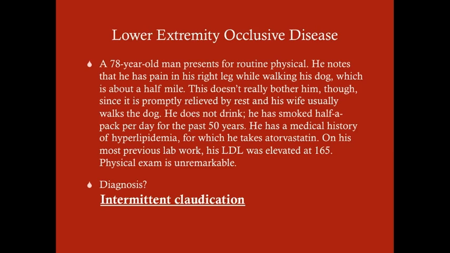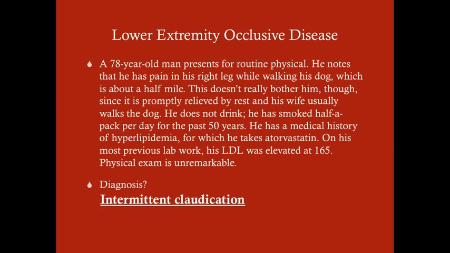You can pretty much rule out all of the other possible causes of lower extremity pain. He does have a history of hyperlipidemia, of course, which would increase his risk for atherosclerosis. He takes atorvastatin, so you may think it could possibly be a statin myopathy.